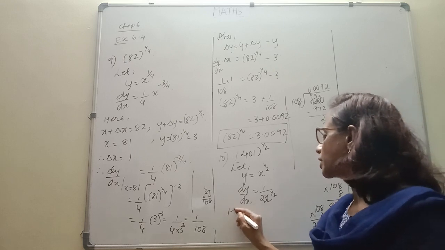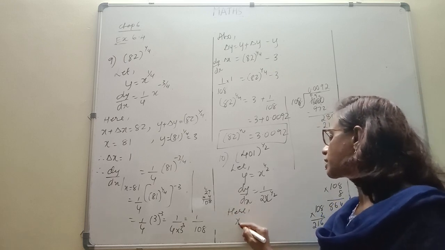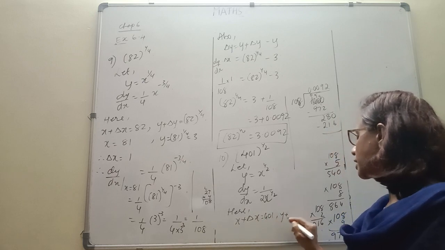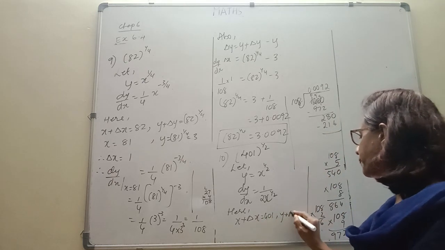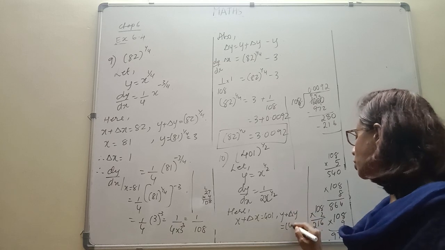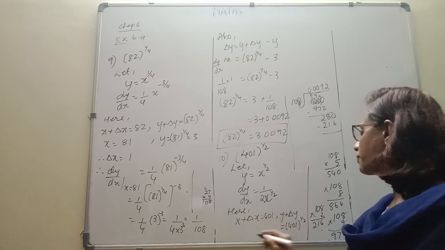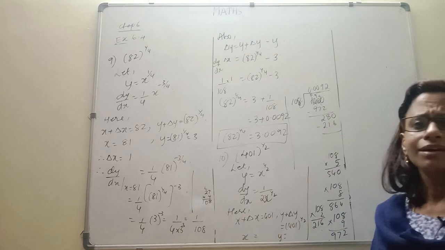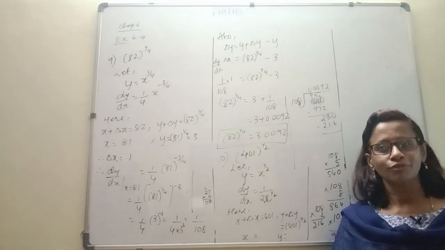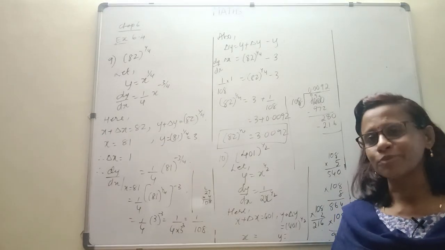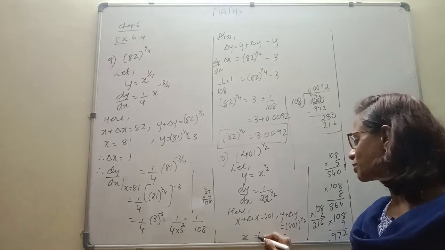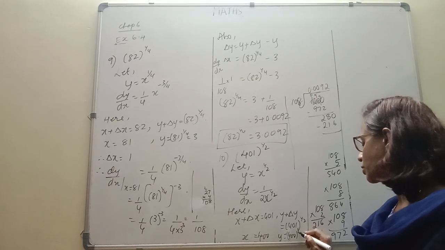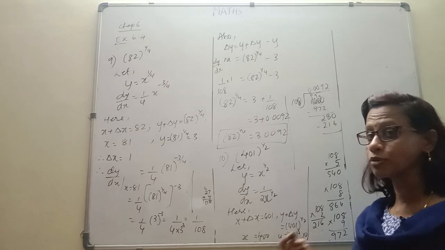Now we do our definitions, which we almost do blindfolded: x plus delta x, and y plus delta y is 401 raised to half, from where we take the vicinity values. 401 is a very famous value. You have 400 close to it, whose square root we know is 20, since 20 into 20 is 400.